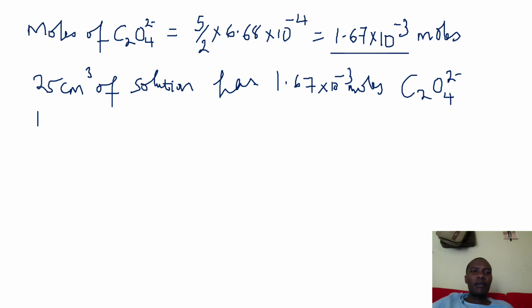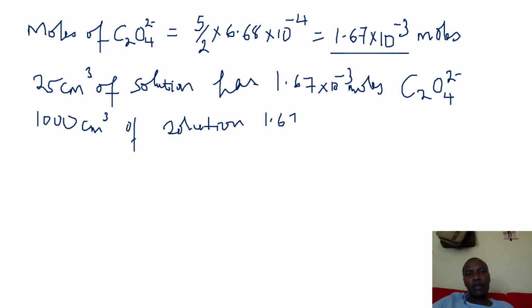If that is the case, how about if I'm having 1,000 centimeters cubed? Because I want to get everything in 1,000, so that the other ones that we got are not wasted. Of the same solution, we'll have 1.67 times 10 to the power negative 3 out of 25.